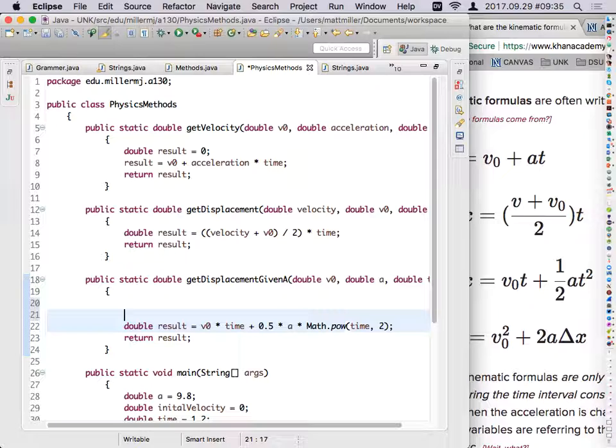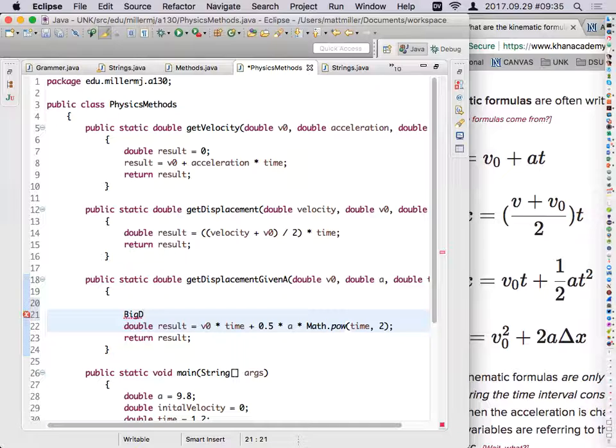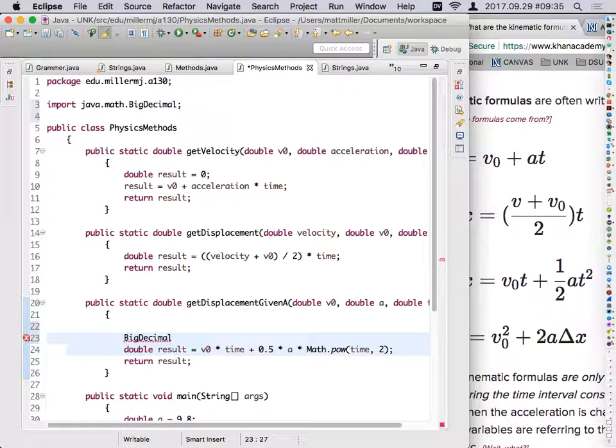Let me think of what that one's called. It's BigDecimal. Yeah, BigDecimal.